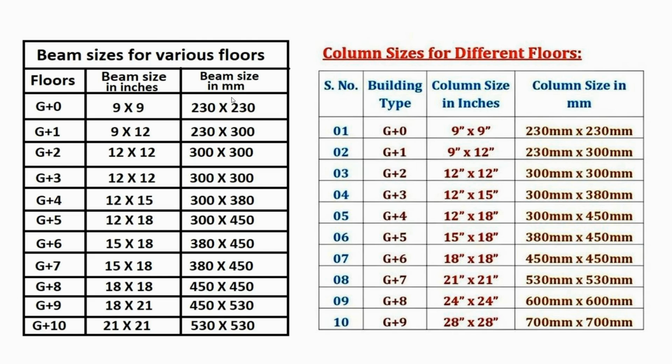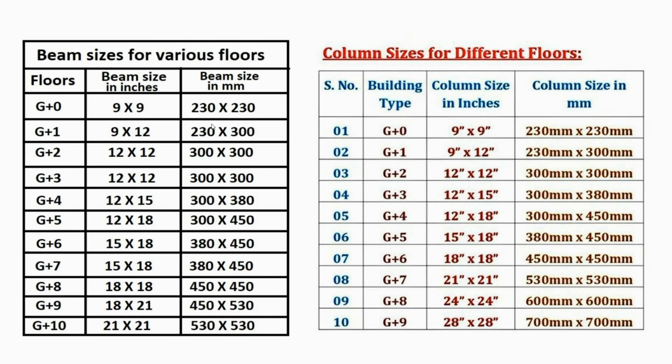Usually there are minimum standards for beams and for columns when you're considering G plus buildings or frame structures. For example, when you are designing beams for a G plus 0 building, that is a ground floor building, the minimum standard should be 230 millimeters times 200. We're talking about depth and width.